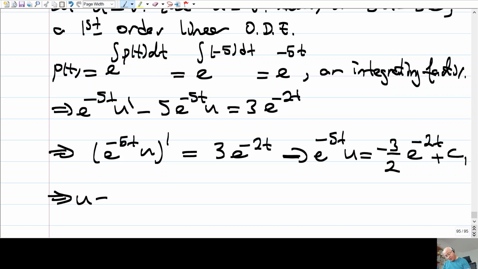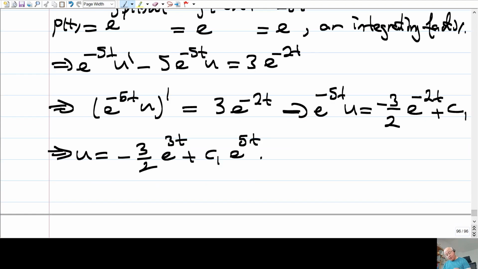And then from this we get u equals, if I multiply with this, minus 3 over 2 e to the power 3t plus c1 times e to the power 5t. Well, we are not looking for u, we are looking for v, which is just the integral of u basically.